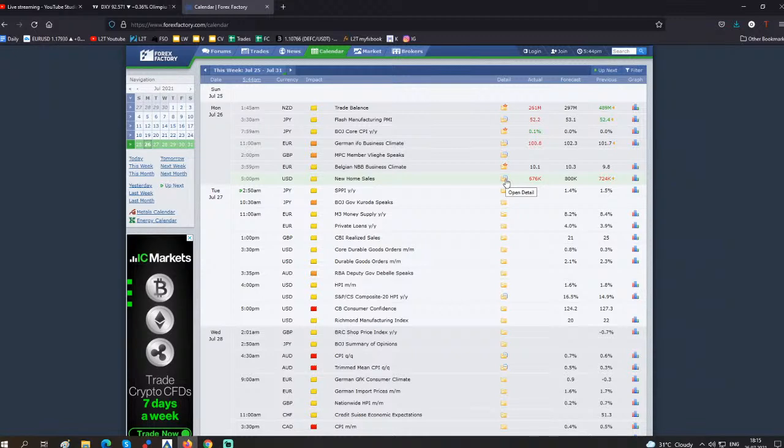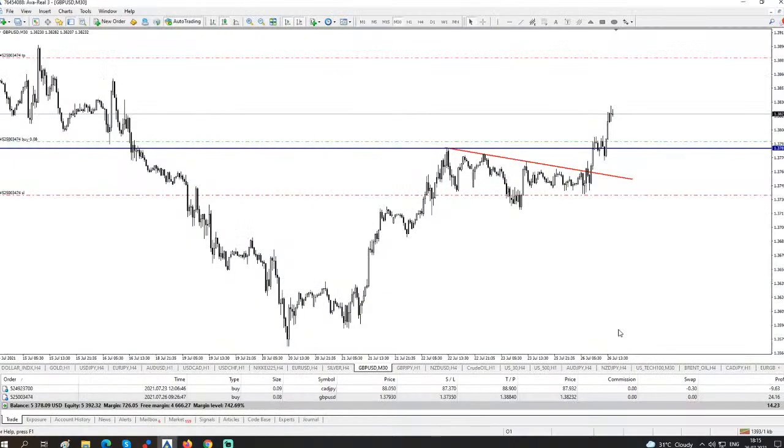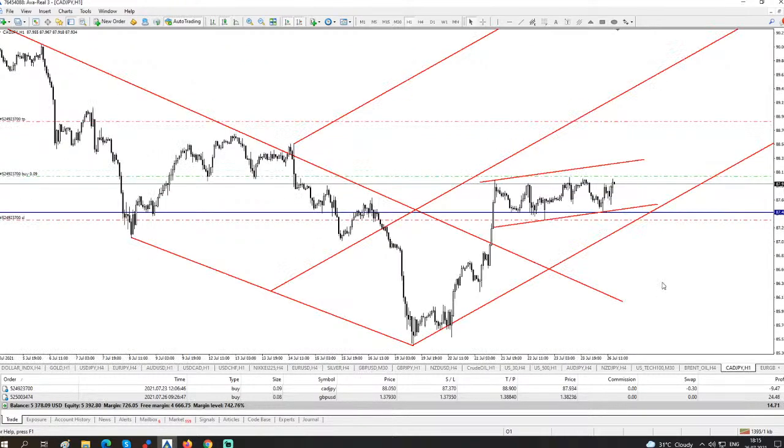Some of you may want to add more in Canadian dollar versus the Japanese yen. Personally, we opened that trade here in the Canadian dollar versus the Japanese yen using a specific size, risking only 1% of our account. That's why I will not add to it.